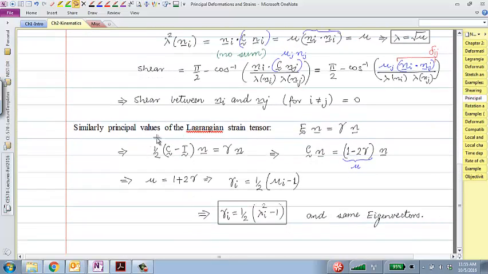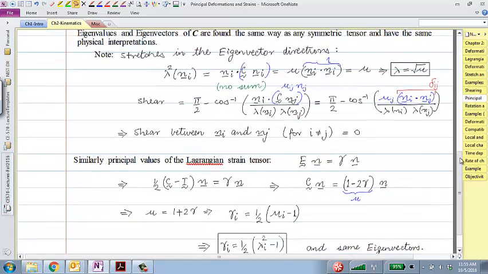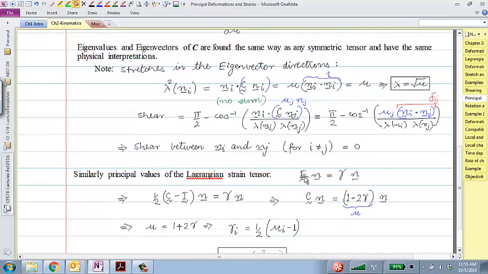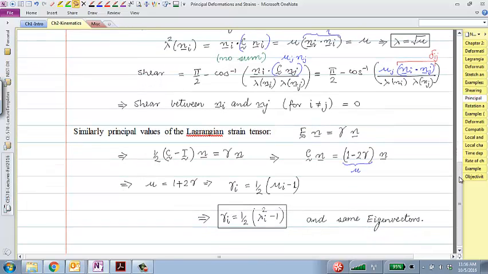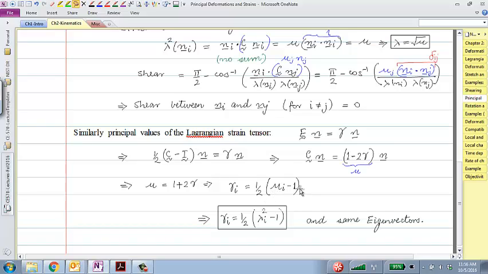And finally, if you use the same logic to try to maximize or minimize the strains or the directions of the strains, you get the corresponding eigenvalue problem for the strain tensor. And you can show very easily that the eigenvalues of the strain tensor are nothing but half times mu minus 1 eigenvalues of the deformation tensor. You remember E is equal to half of C minus I. So gamma, the eigenvalue of E, is equal to half times mu, the eigenvalue of C, minus 1, which is the eigenvalue of I, right?